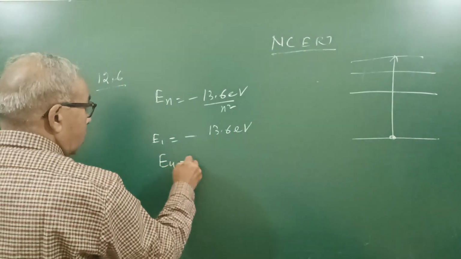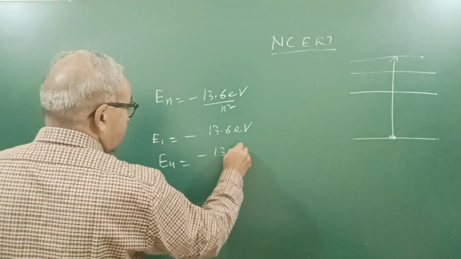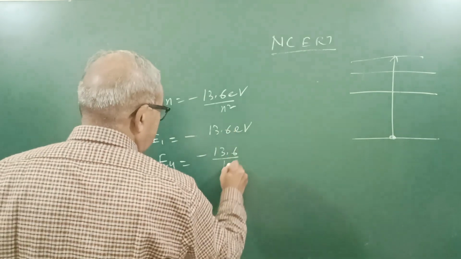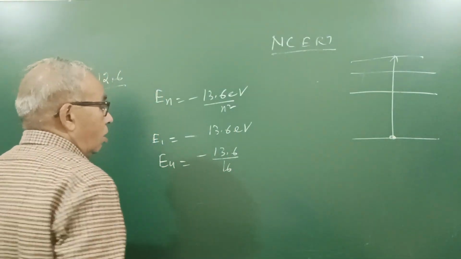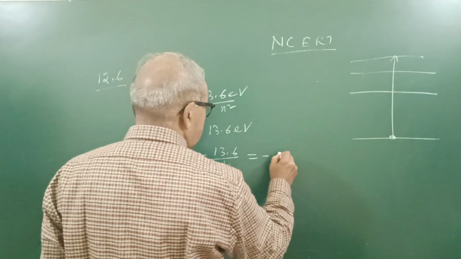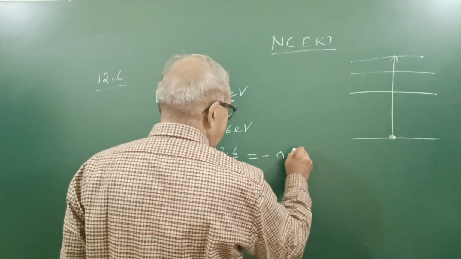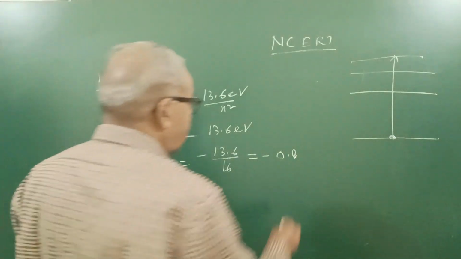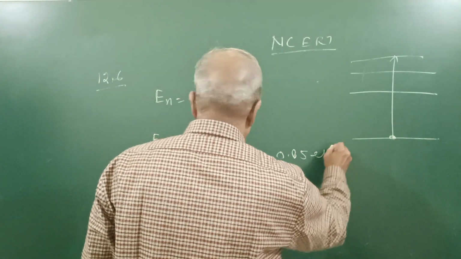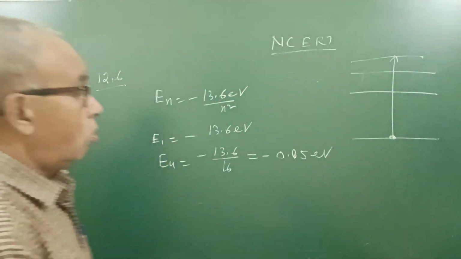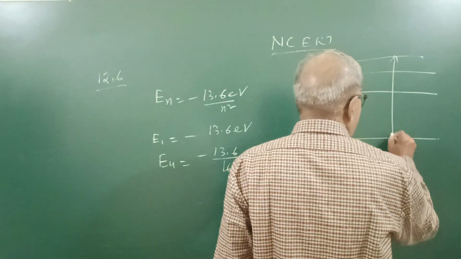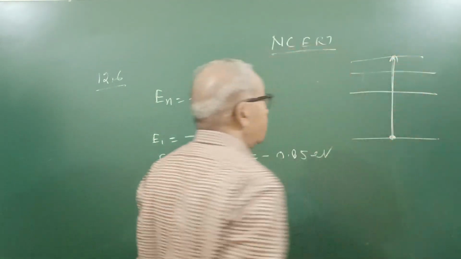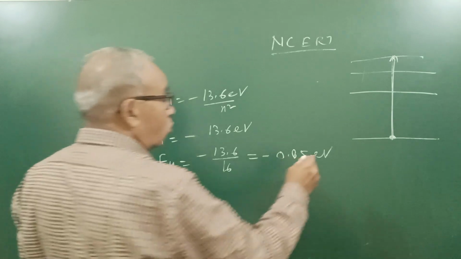E4 is minus 13.6 upon 4 square, 16, है नहीं? minus 0.85 electron volt.